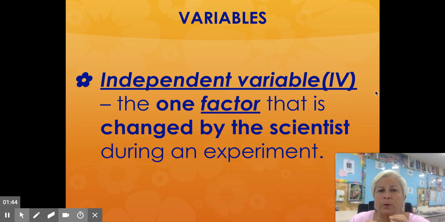If you are the scientist doing an experiment, trying to answer a question or solve a problem using the scientific method, you are going to choose the one factor that you change. This is the factor that you think is causing something to happen in the natural world. You think that this is key to understanding the answer to your question.